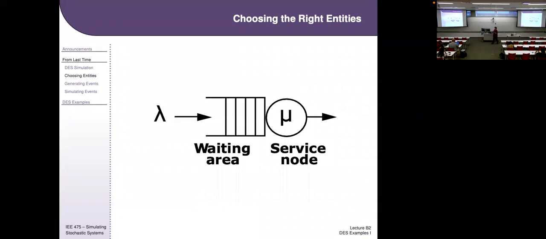All right, so when we're starting a model, we have to figure out what are the entities, what are the resources, what are the activities, and so on. So I'm going to look at a simple example here that looks like a queuing node. Those of you who haven't taken 470 will take 470 and you'll learn that systems can be broken down into networks of queuing nodes where you've got servers that have finite capacity that take a certain amount of time to serve things.